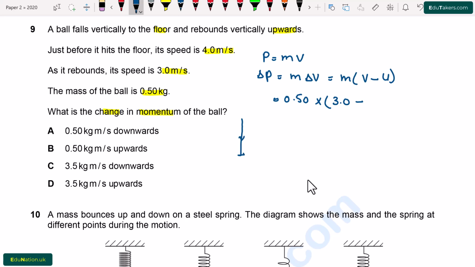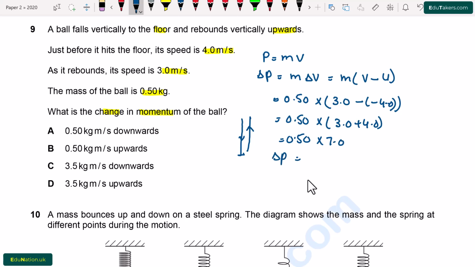But first of all, the ball falls vertically to the ground. First of all, it falls and then rebounds back. So its direction changes. There will be minus 4.0. So it will be 0.50 multiplied by 3.0 plus 4.0, 0.50 multiplied by 7.0.